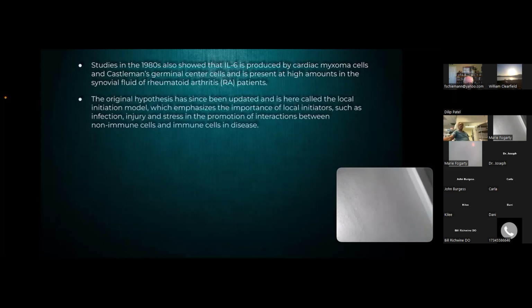The original hypothesis has since been updated and is here called the local initiation model, which emphasizes the importance of local initiators such as infection, injury, and stress in the promotion of interactions between non-immune cells and immune cells in disease. Again, that's kind of what we keep saying.